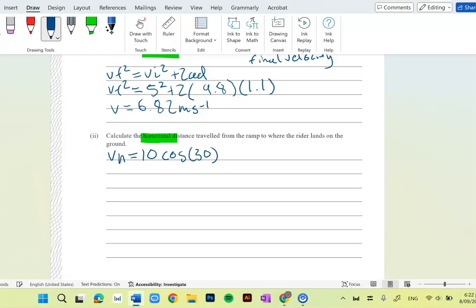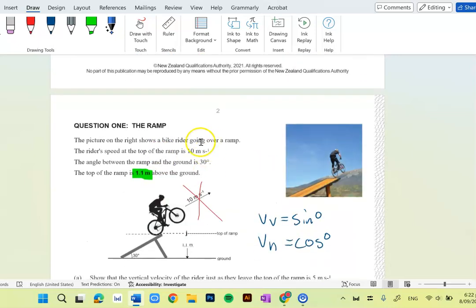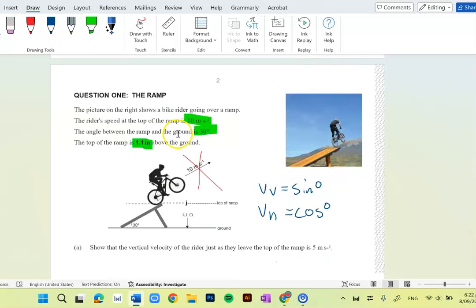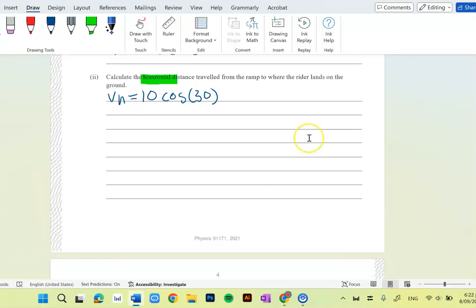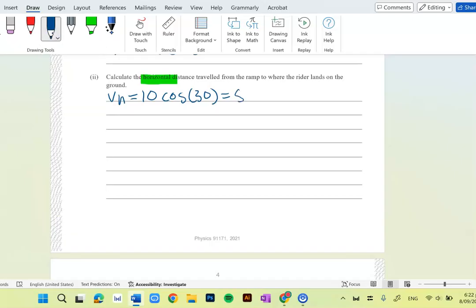The 10 is the speed when it was leaving the ramp, and the angle is here too. If you put it into your calculator, that will equal 8.66 meters per second.